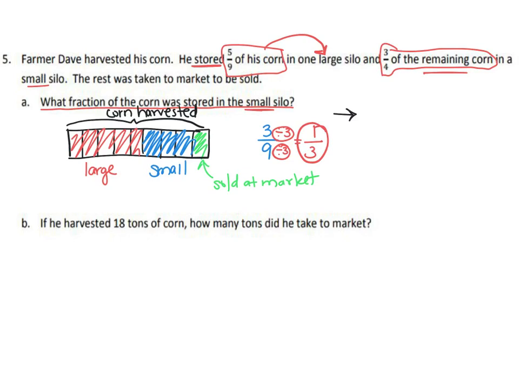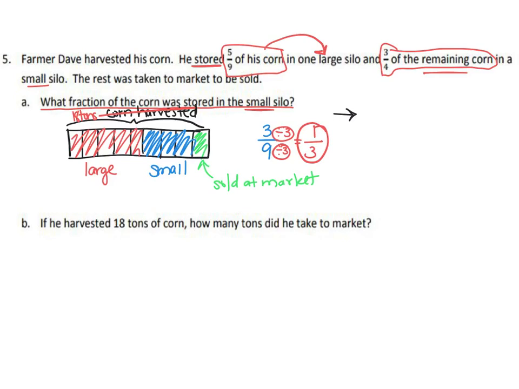All right, let's do part B. If he harvested 18 tons of corn, how many tons did he take to the market? So we're saying now that the corn that he harvested is 18 tons. The whole thing is 18 tons.